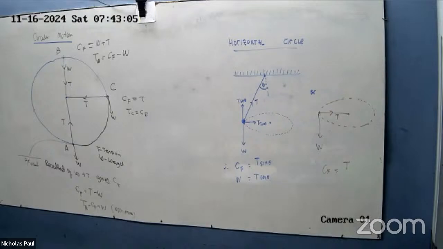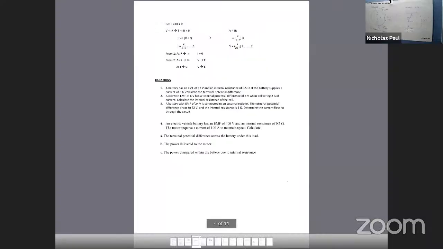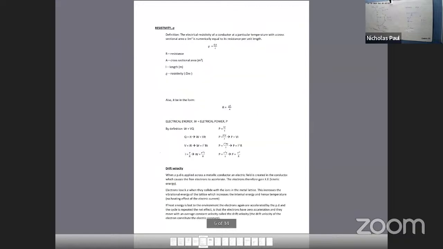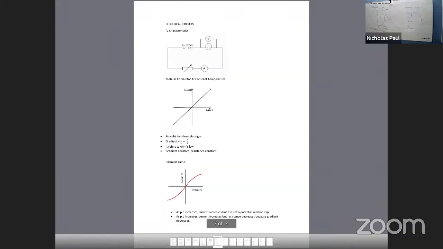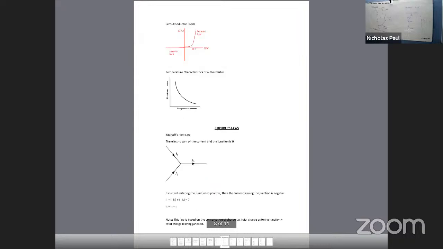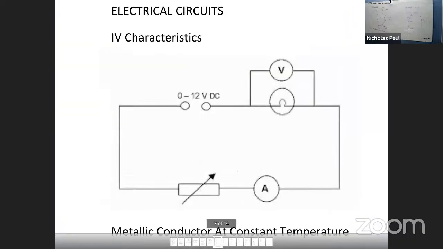Alright, last thing I want to do today, before we start new material next week. You all remember this circuit? If you want to get IV graphs, right? You remember this circuit here? This circuit allows us to get the IV characteristics of any component.